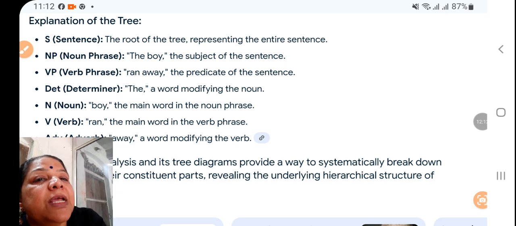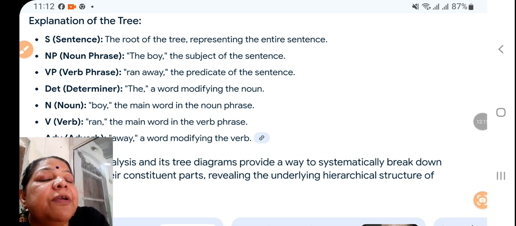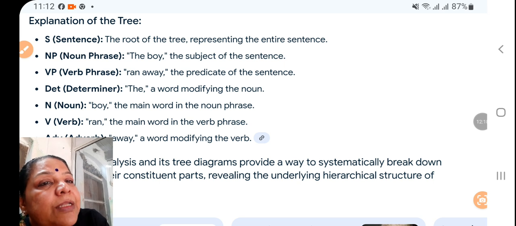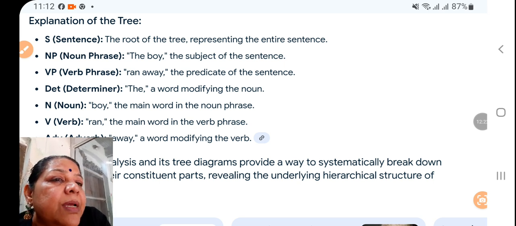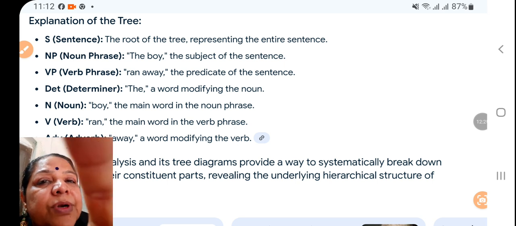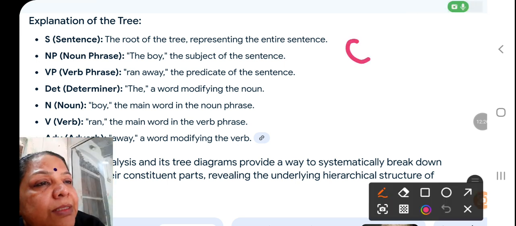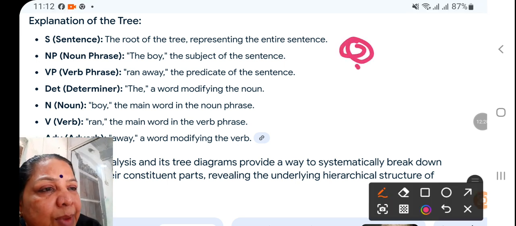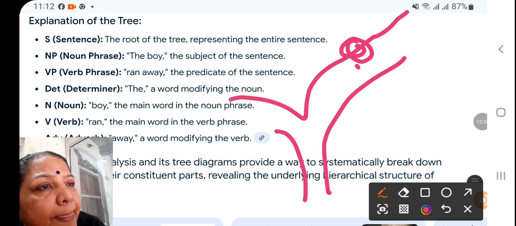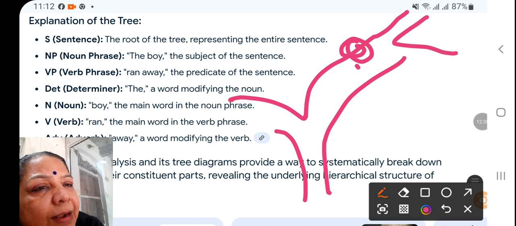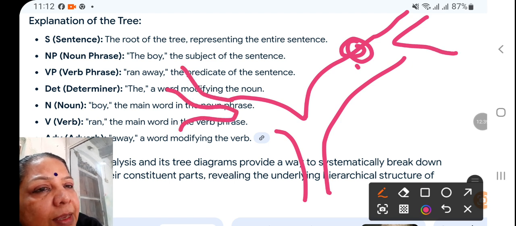Now the explanation of the tree, very important. Listen carefully. What is the sentence? The root of the tree, representing the entire sentence. Imagine, suppose this is the tree, and the tree is divided this way into different branches, right?